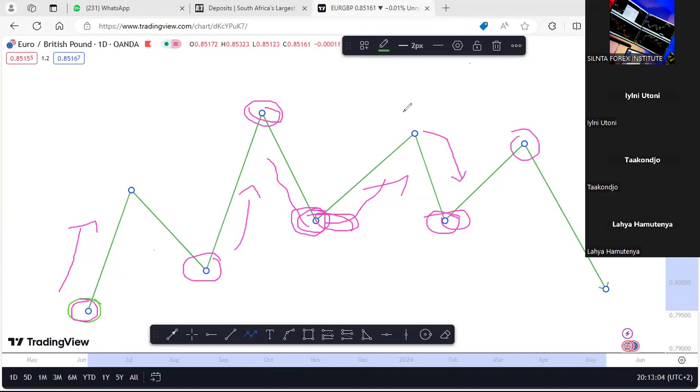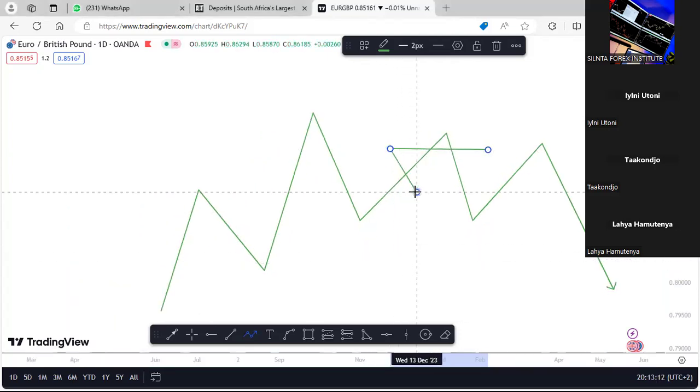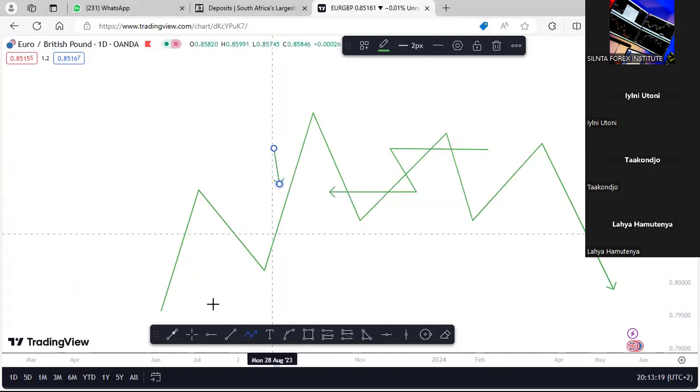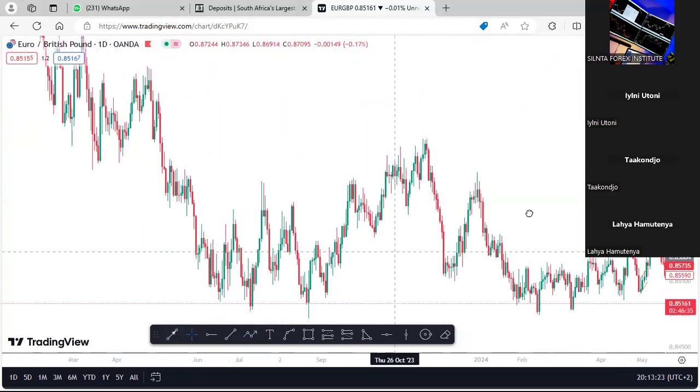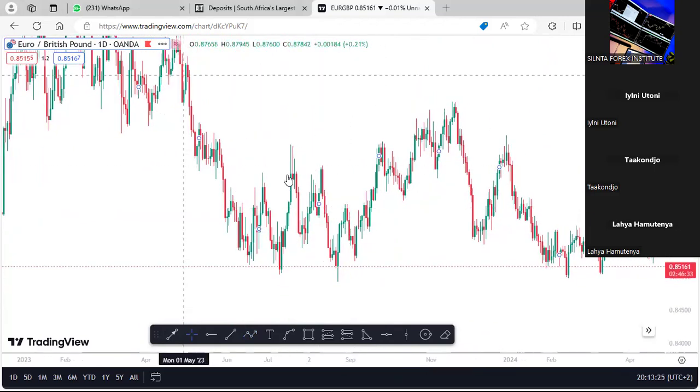So on a chart, you can simply find supports and resistance. Why am I still dragging up and down? Oh, sorry. Okay. On the chart, if you drag down, you can simply identify the areas where the price is being supported.